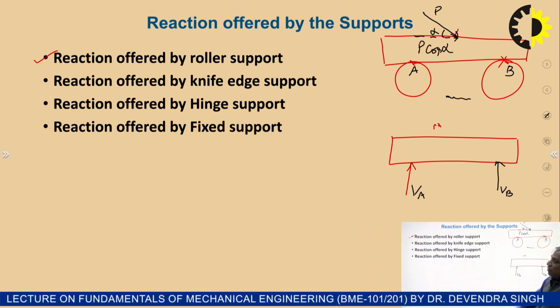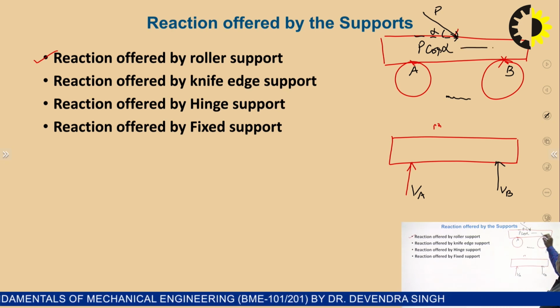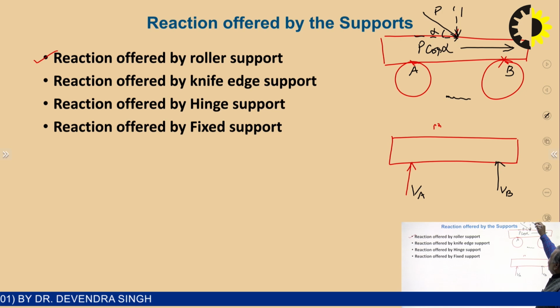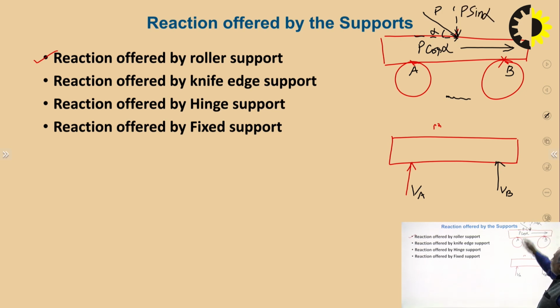So, P cos alpha will have a tendency to move this beam or plank in the rightward direction, and P sin alpha will move this beam downward. So, this roller support can only offer the resistance or the reaction against the vertical forces. It will not resist or offer any reaction along the horizontal direction. So, this is one point.